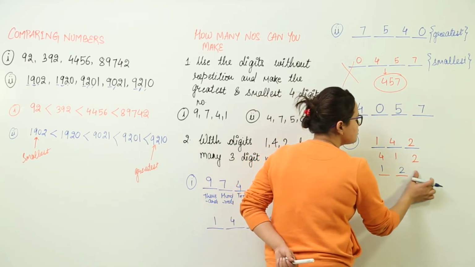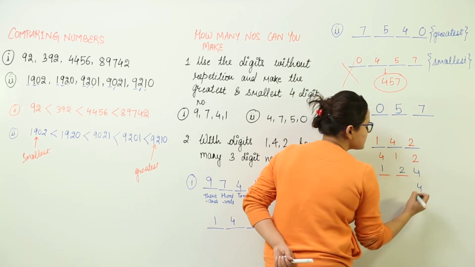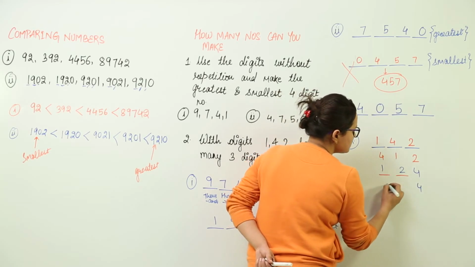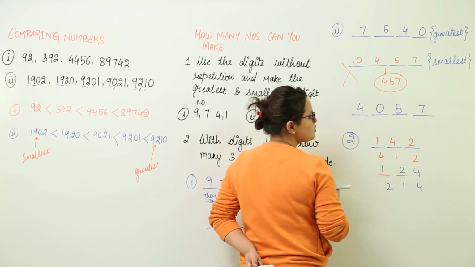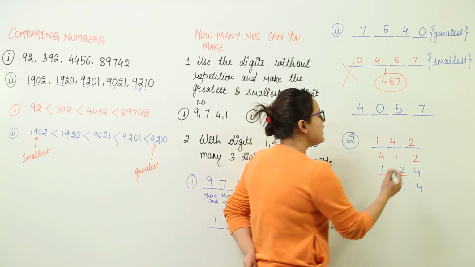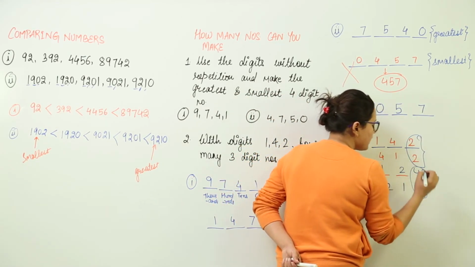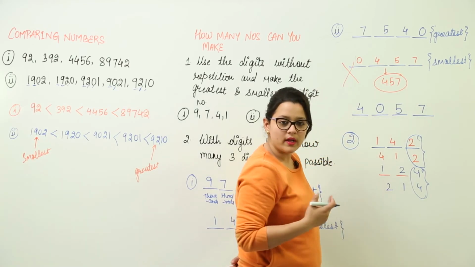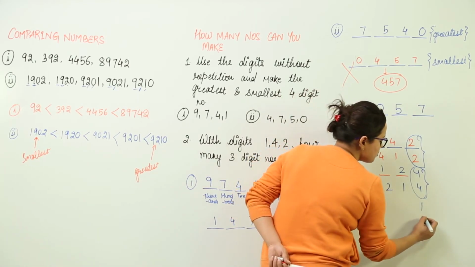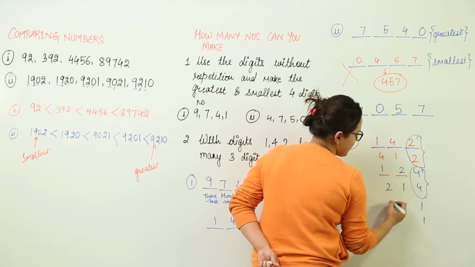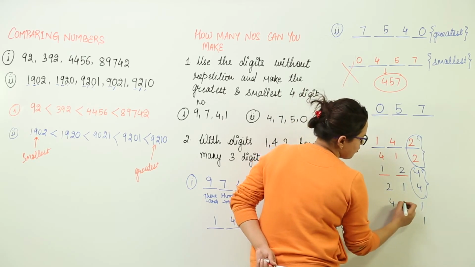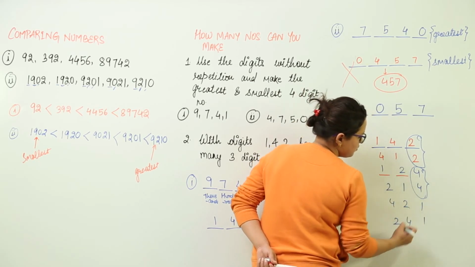Next I am going to keep 4 as it is, and reverse these digits, giving me 2, 1, 4. I had fixed 2, I had fixed 4, I still can fix 1 at the ones place. So now this is done. I can have the remaining two numbers, 4, 2, 2, 4.